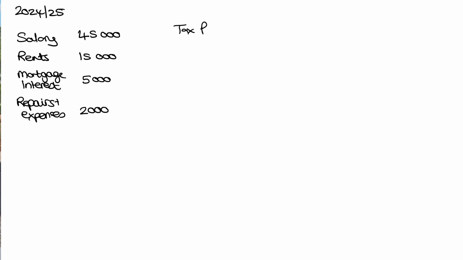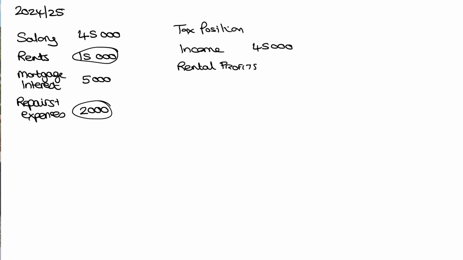So now we can look at the tax position, and our tax position is going to be, we have got income from employment of 45,000. We've got rental profits of our 15, take off our 2, so our 13,000, which gives us total income of 58,000.